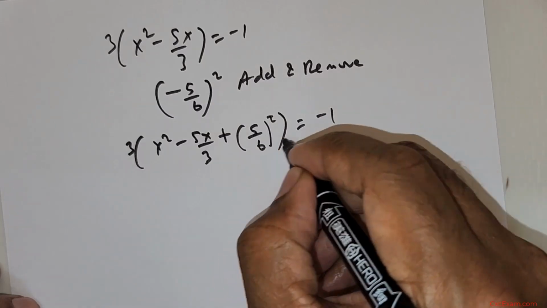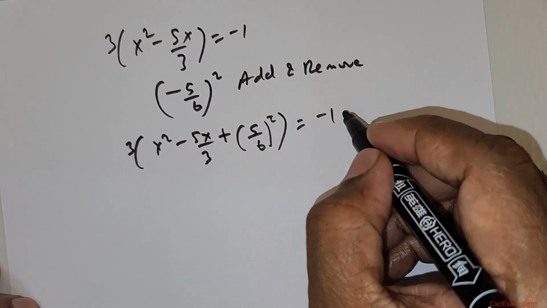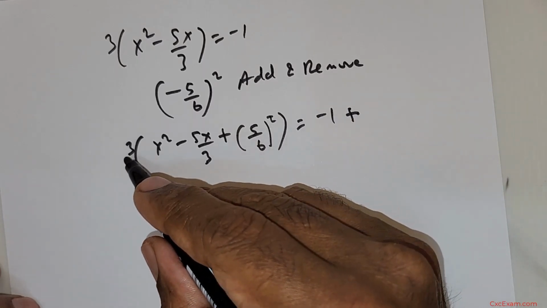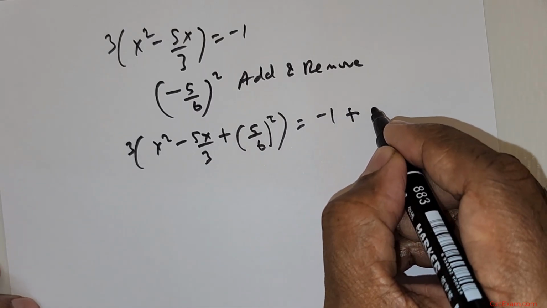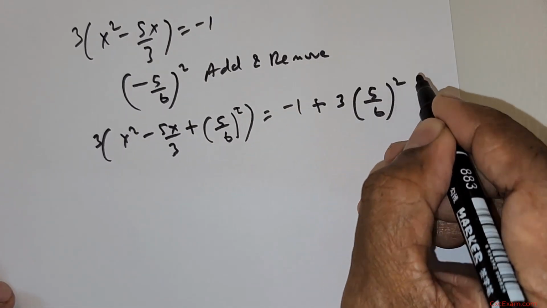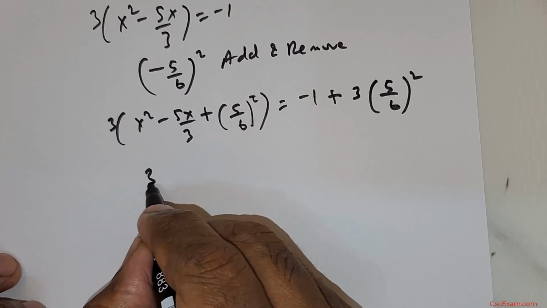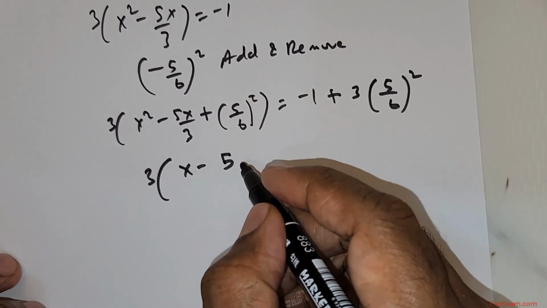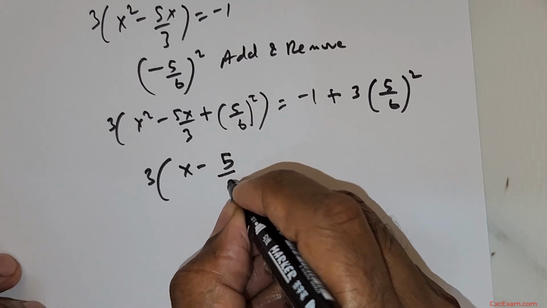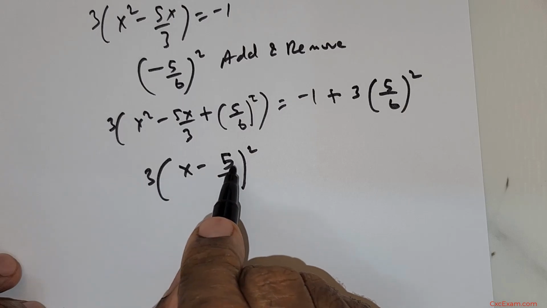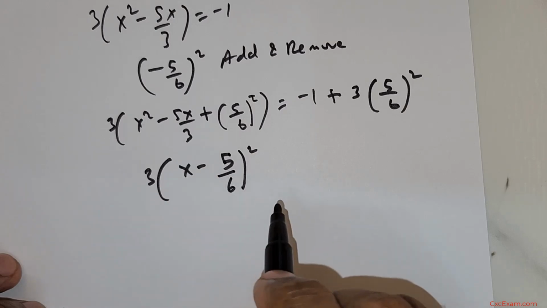Now over here you added, so that's same as adding and removing. So positive, but the only thing is that the 3 has to come in here. So it's going to be 3 times 5 over 6 squared. Now this can be rewritten as 3 times (x negative 5 over 6) the whole squared, because when we expand this you get 5x over 3.